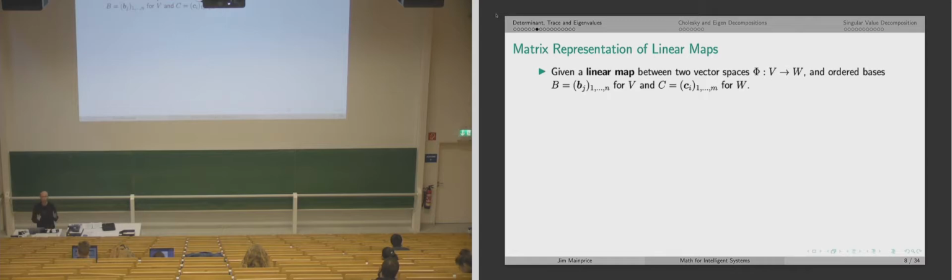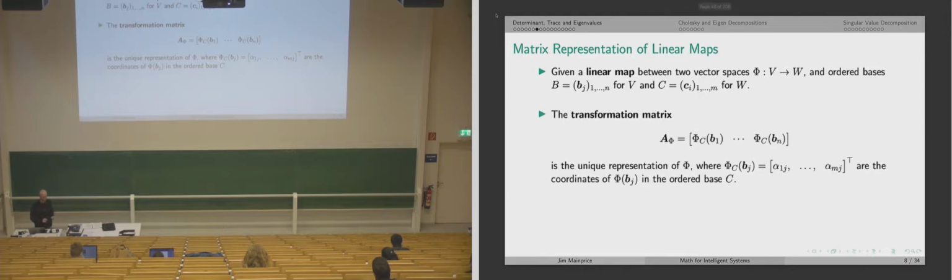So if we have a linear map between a vector space V and a vector space W, where each of these vector spaces is associated with a basis, B for V and C for W, then the transformation matrix associated with that linear map is written in the following way.